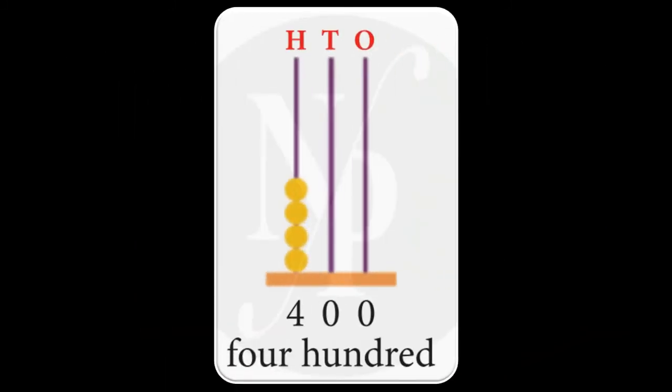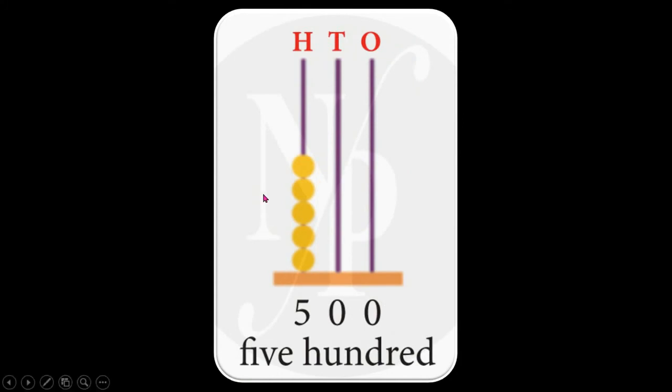For 400, there will be 4 beads on hundreds place rod and no beads on tens and ones place rods. The number name is written here.